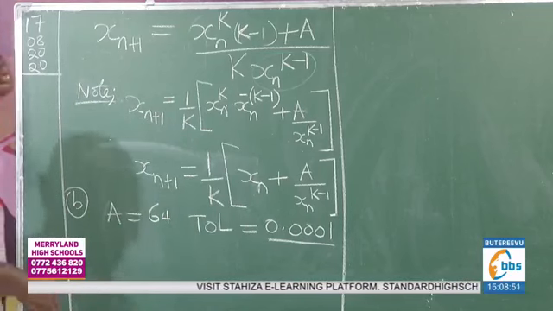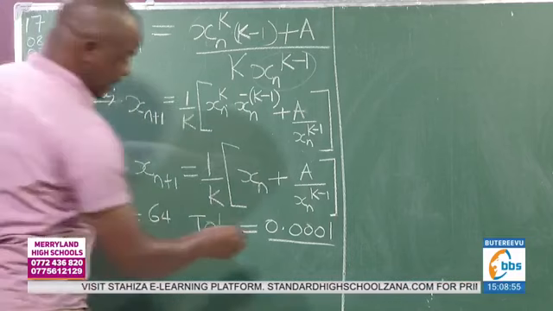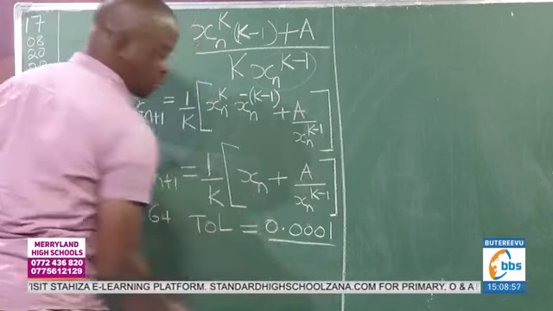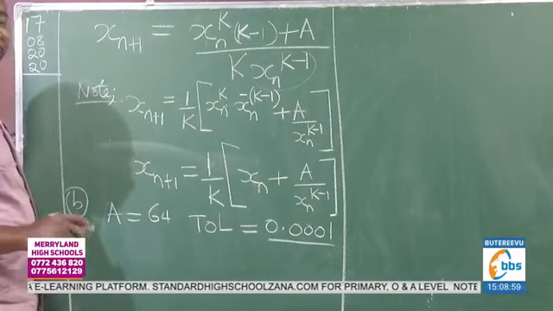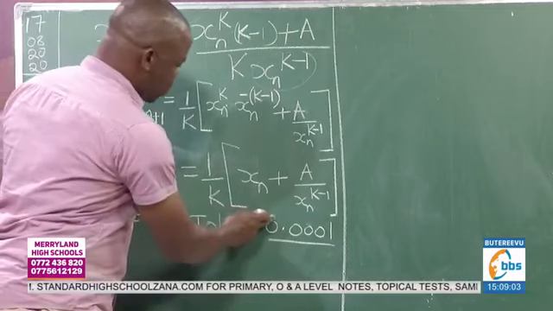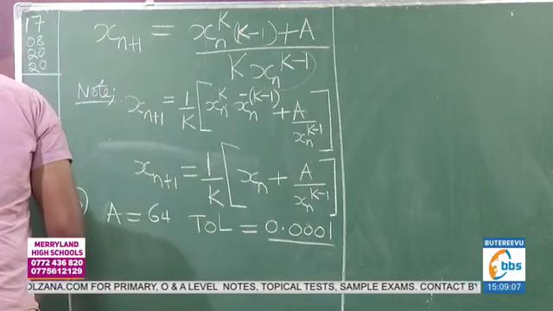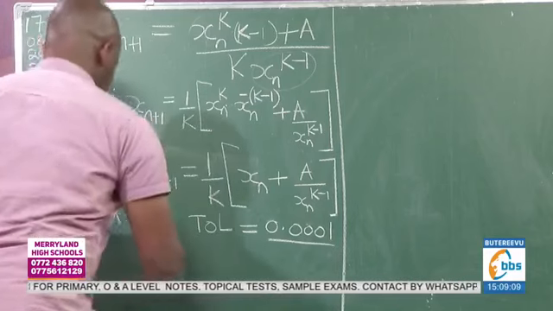That implies that they are telling us to give our answer to 4 decimal places. That's what it implies, and therefore it is interpreted to mean that we should work with 5 decimal places.